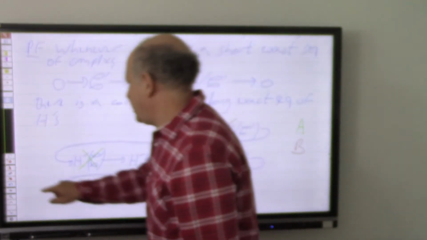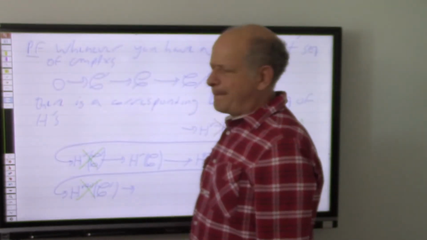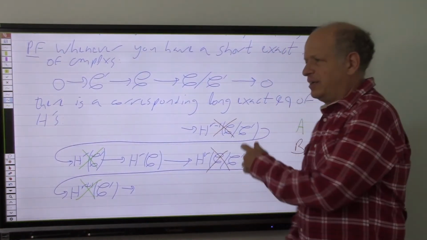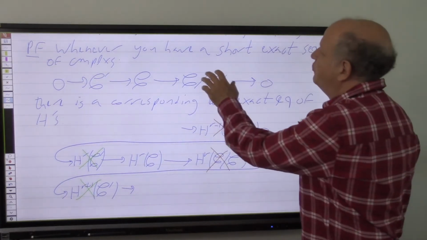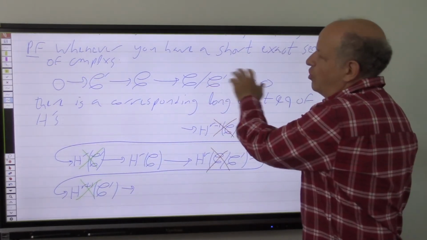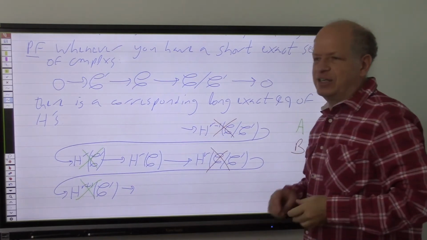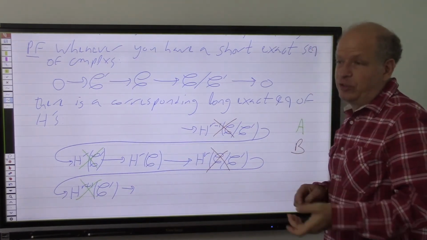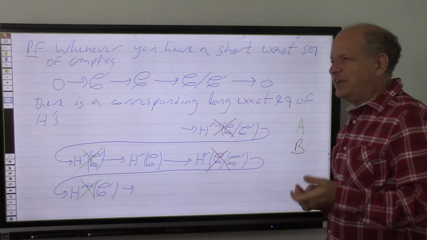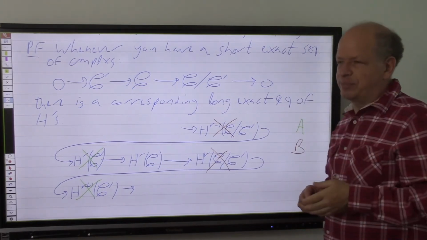I would have given the details of this proof, the long exact sequence of a short exact sequence, as an assignment, except I suspect that many of you have seen it. And the other thing is that this is one of the most annoying proofs in mathematics.